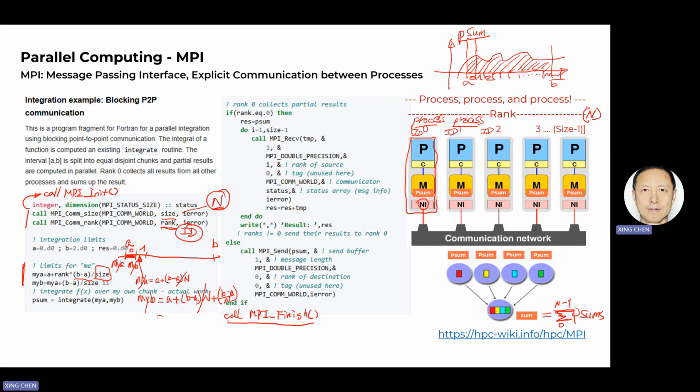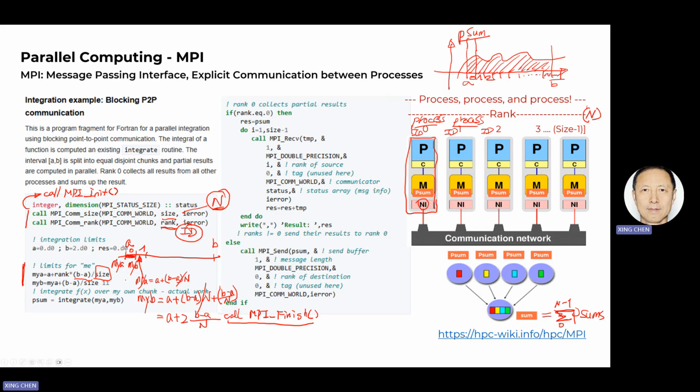So the final result for my B is going to be 2 times B minus A divided by N. So this is the my B for the MPI process 1.